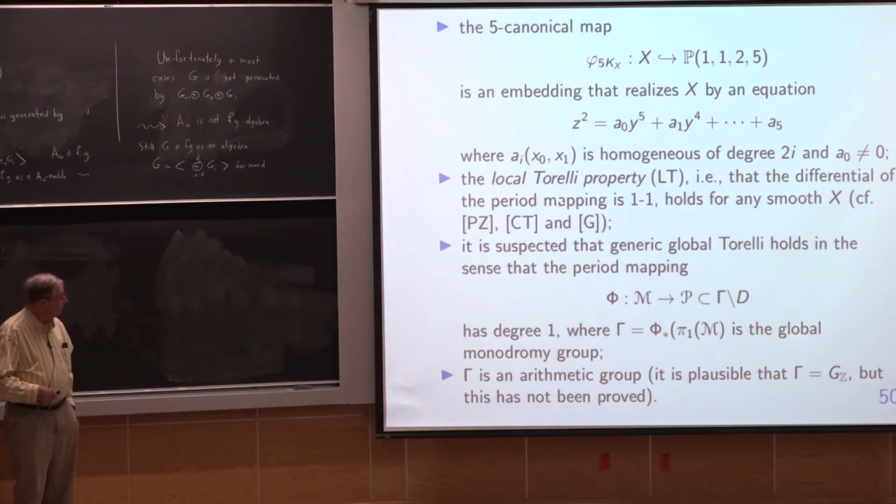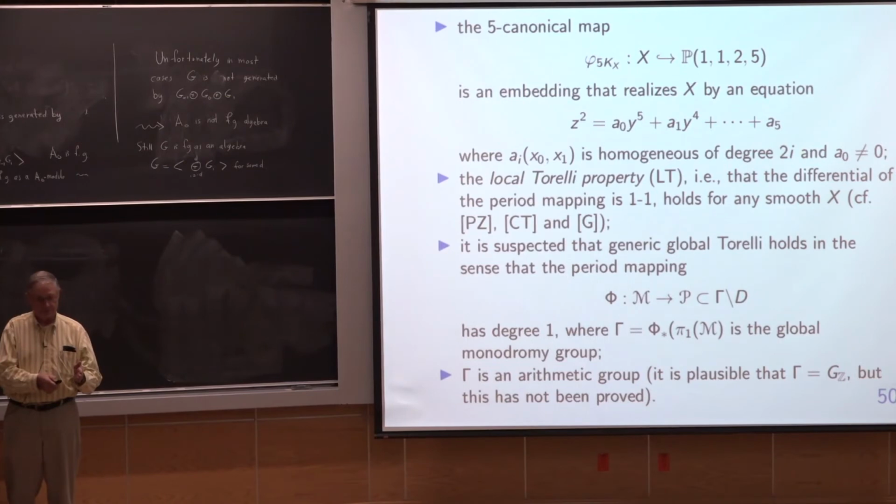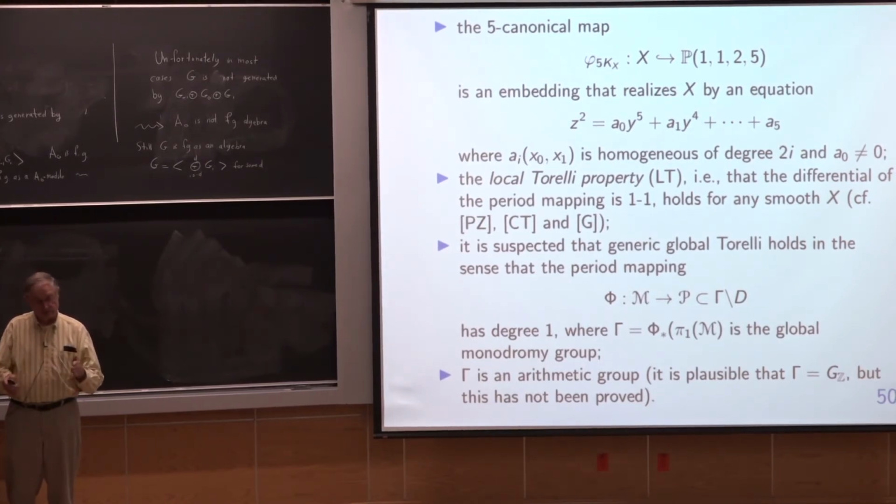The local Torelli property in general means that the Hodge structure captures the moduli. That is, the mapping from moduli to the space of Hodge structures is locally 1-to-1. That's the local Torelli theorem. I should have said in the beginning that there's a global Torelli theorem that a smooth curve of genus g is uniquely determined by its Hodge structure. There are a bunch of other varieties where this is true.